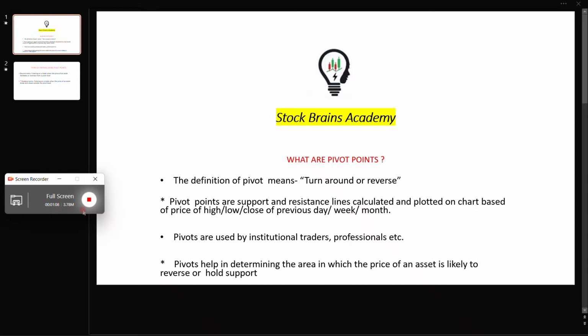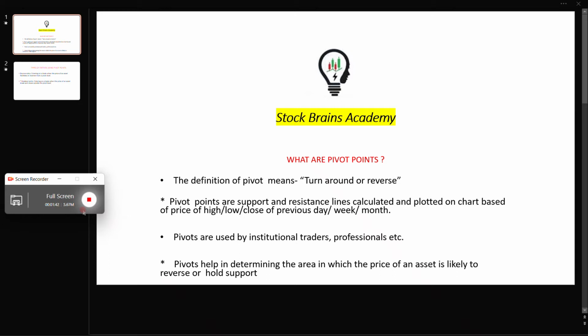Because they are support and resistance lines, meaning areas where the price of an asset can change its trend. For example, if you take BankNifty, let's say that BankNifty has been in a downtrend for the past 1 week, which is a bearish trend. And when the price of BankNifty reaches a support level in the pivot point, then it is more likely that the buyers are about to step in and change the trend from bearish to bullish.